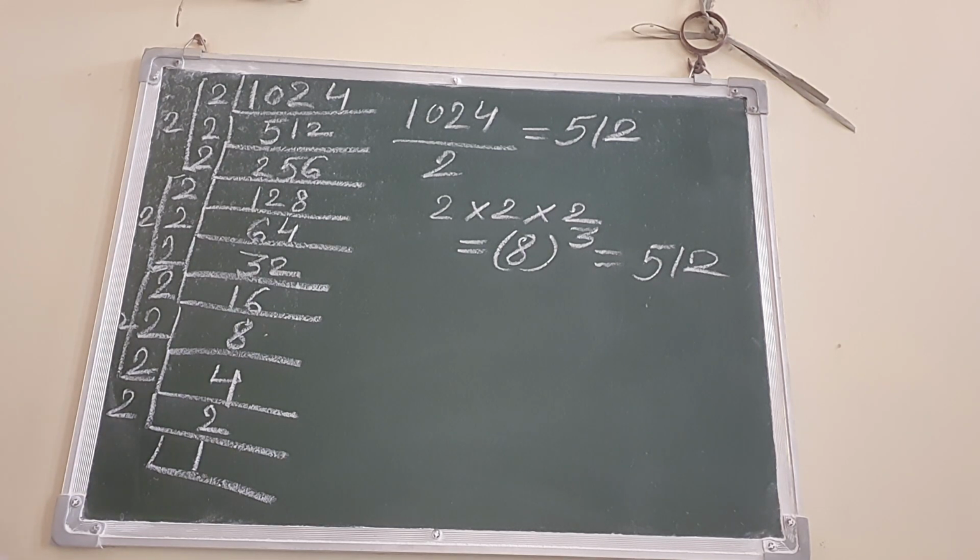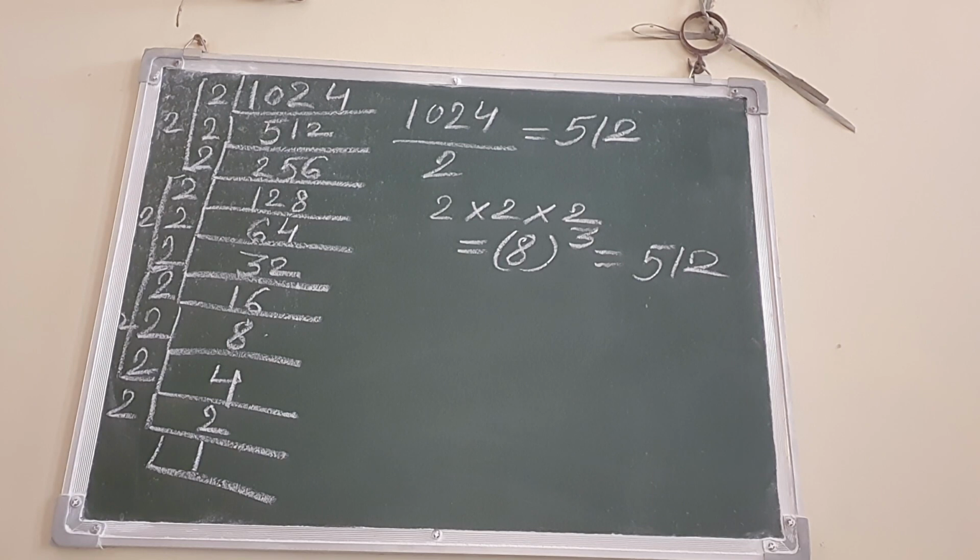Again it is an even number, so again divisible by 2, so it is coming out to be 256, then 128, then 64, then 32, which is again an even number. So again divisible by 2, coming out to be 16, then 8, then 4, then 2.